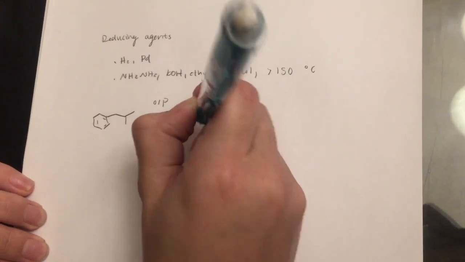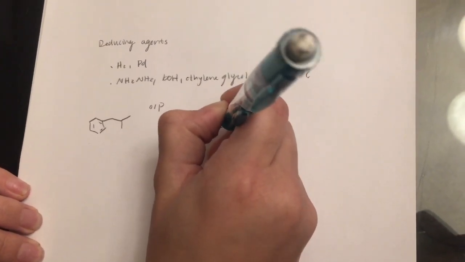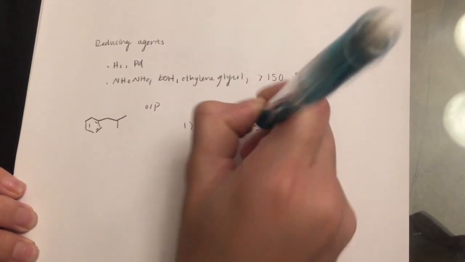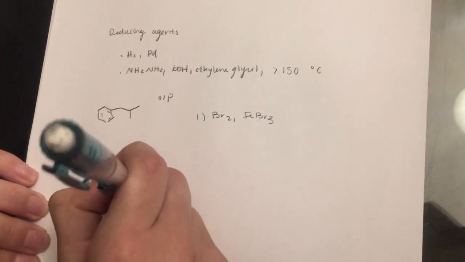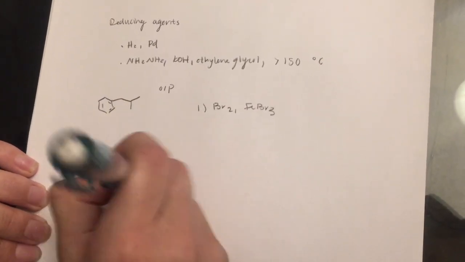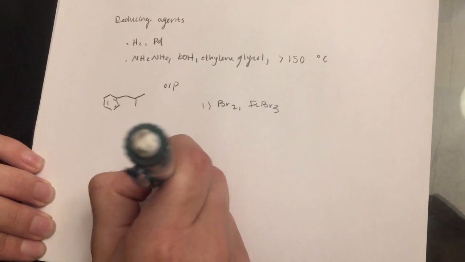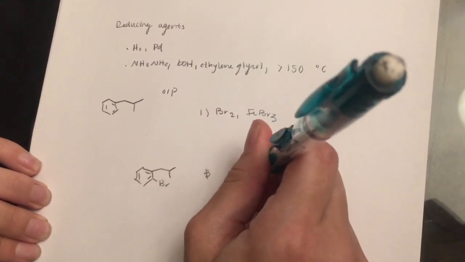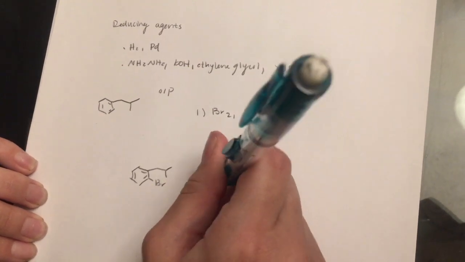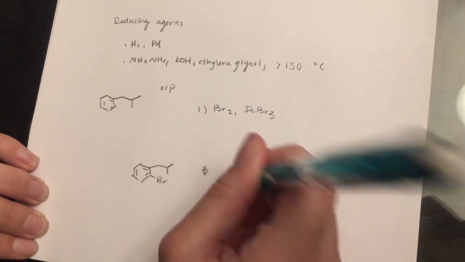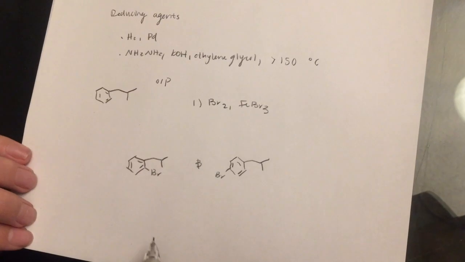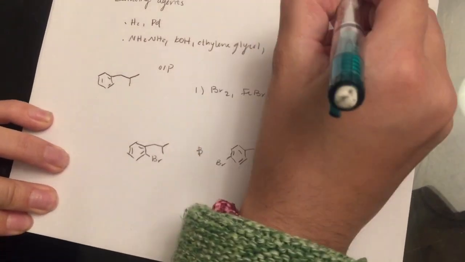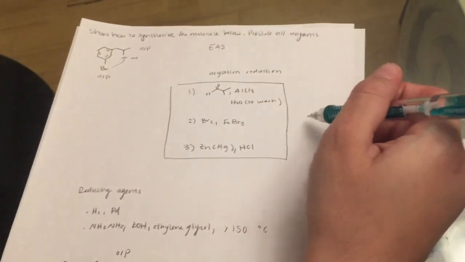Thus, after adding bromine, we would be left with the following products. Therefore, we can safely assume that this is the synthesis that allowed us to create the following molecule.